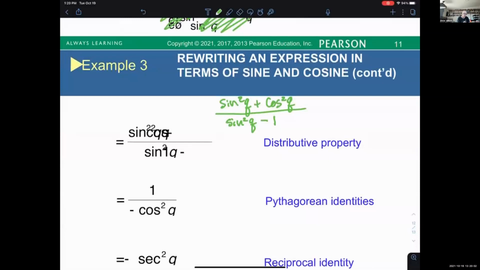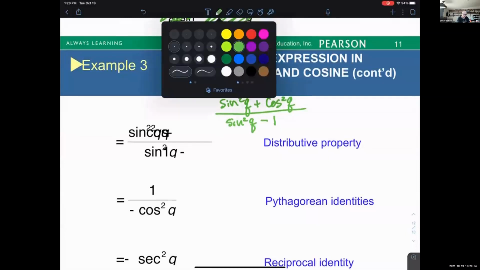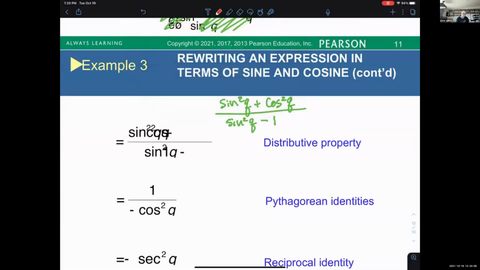Well, you might be tempted to do this. I'm going to do something you're not supposed to do, just in case you're tempted, to show it looks attractive. If you're trying to simplify this, you might be tempted to cancel out the sine squareds. But you can only do that if they are factors, if they're multiplied in the top and the bottom. Because they're separated by addition and subtraction in the top and the bottom, that would actually be wrong. We can't do that.